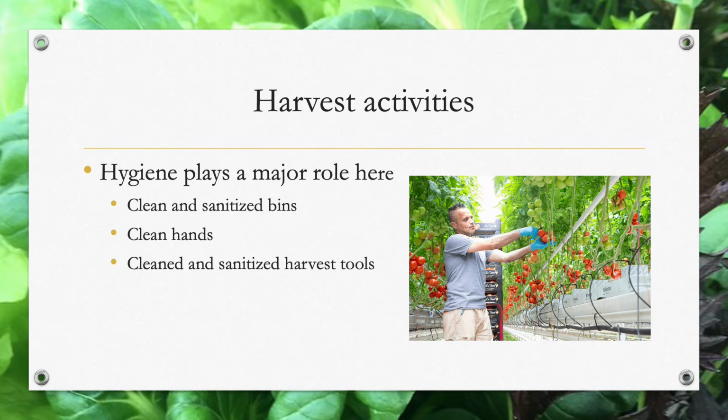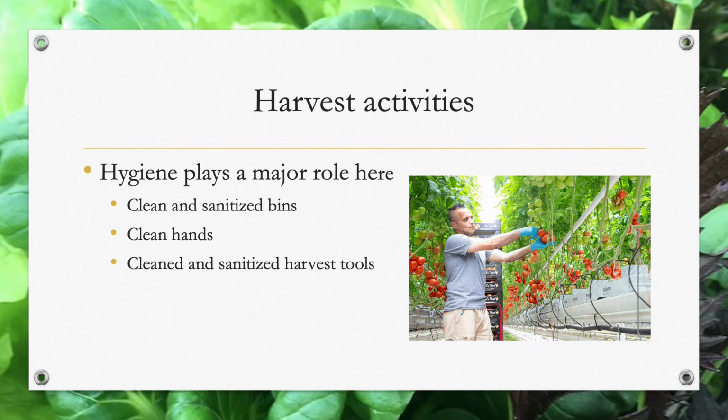Again, clean hands. We've talked about that before, but clean hands. If you're wearing gloves, have a glove policy. And if you're using any kind of harvest tools, like knives, clippers, things of that nature, they should be washed, rinsed, and sanitized after every use as well.